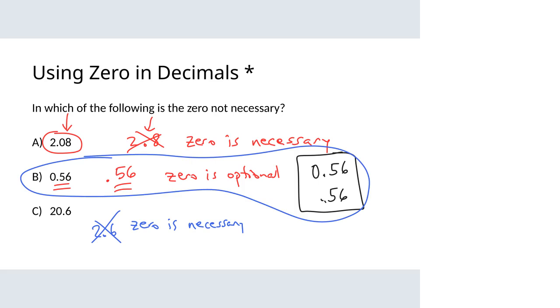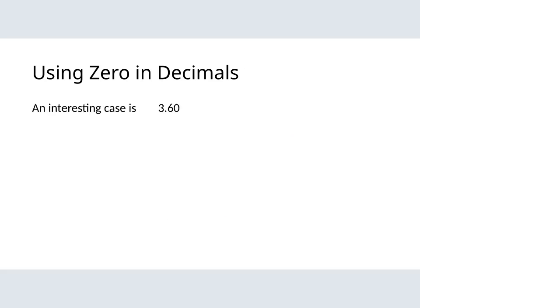There's one interesting case that I do want to mention. It's a number like this one, 3.60. And we've seen zeros on the back end. 3.6 would have the exact same value. And so you might think, well, why would you even bother to put this zero on there at all?